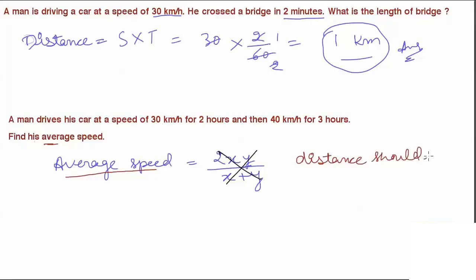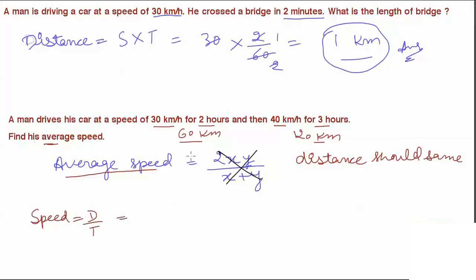But in this case, the person is driving for 30 km per hour for 2 hours, and that is 60 kilometers, and then 40 kilometers per hour for 3 hours, and that is 120 kilometers. So the distance is different, so we can't apply this formula. So let's apply a simple formula, that is speed is equal to distance over time.